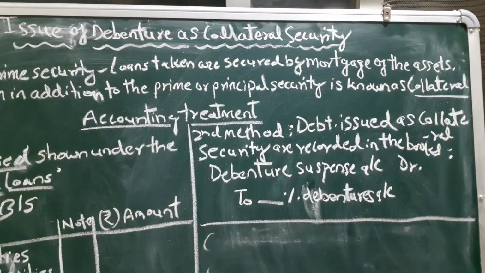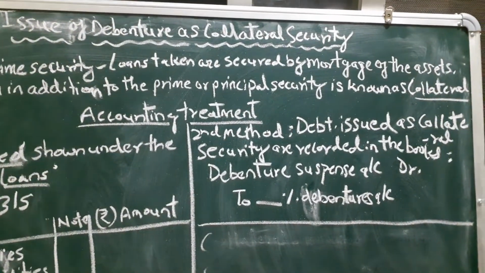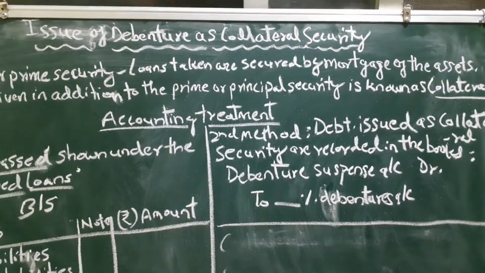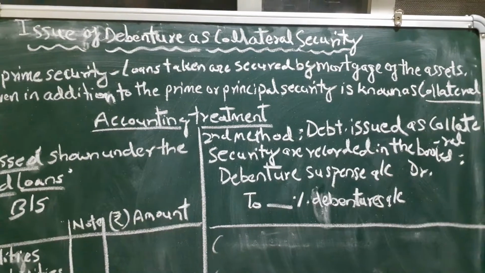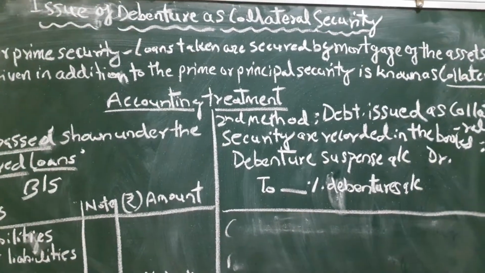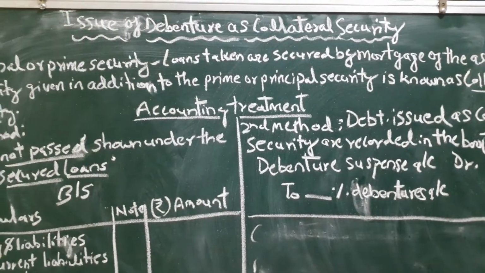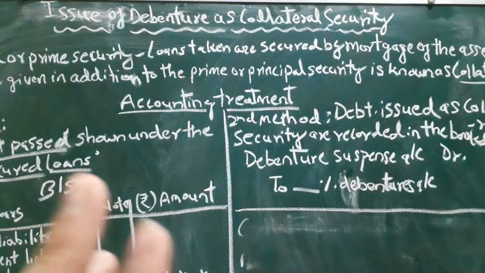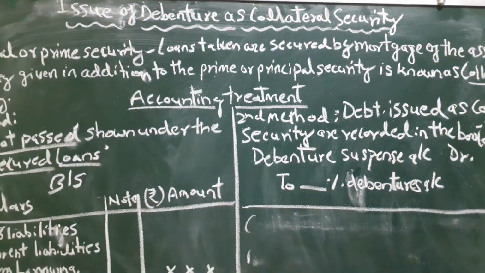So if you are giving any asset as a collateral to the bank, the bank gets the right, if in future by any means the borrower fails to pay the loan amount, the bank has got the exclusive right to recover the loan plus due interest. So this is the basic difference between collateral security and mortgage.